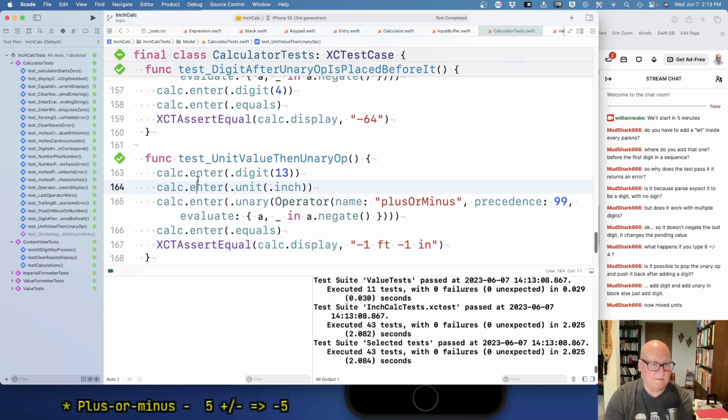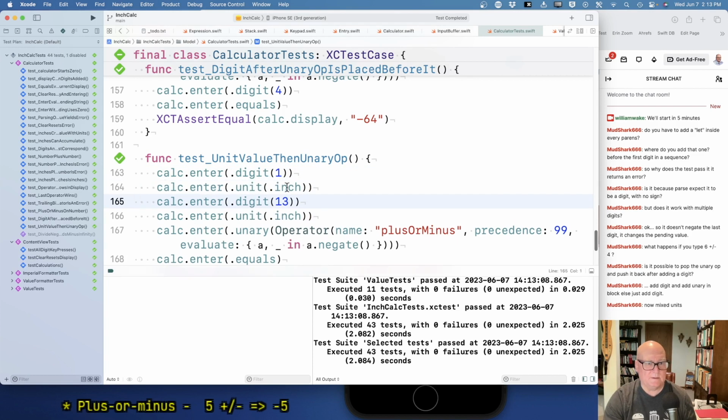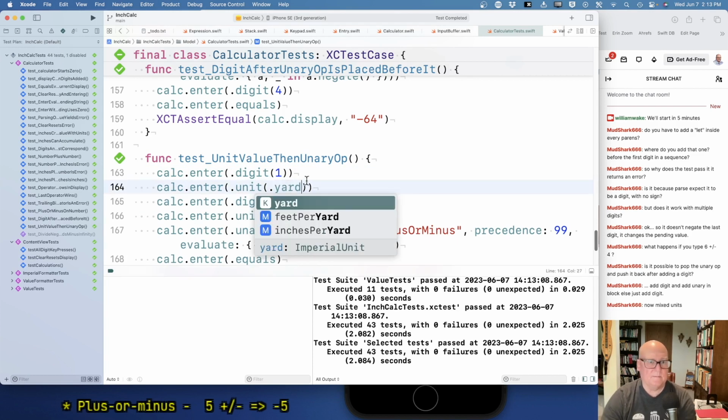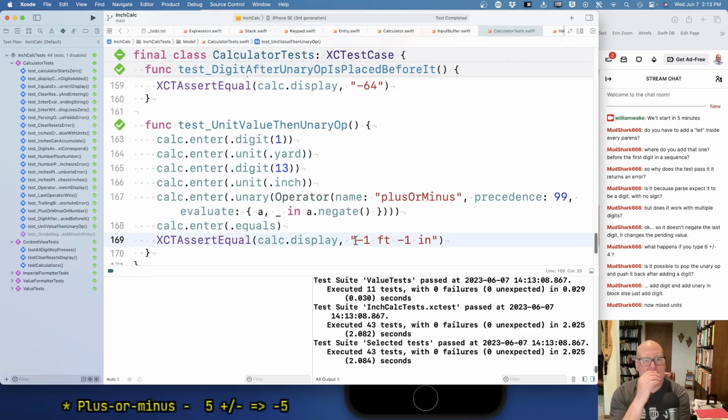Actually, I'd be happier if it were 1 yard as well. 1 yard, 13 inches should be minus 1 yard, minus 1 foot, minus 1 inch.